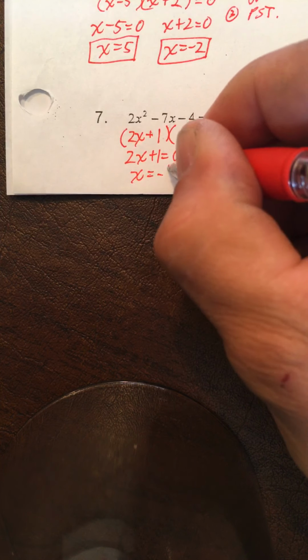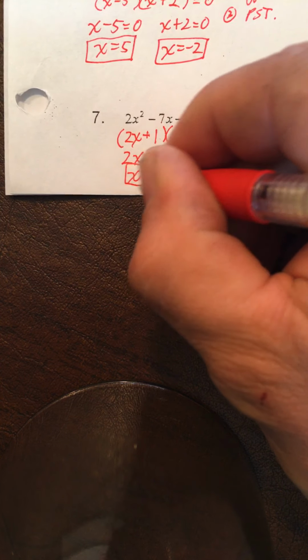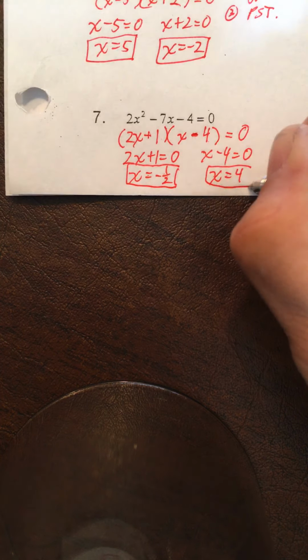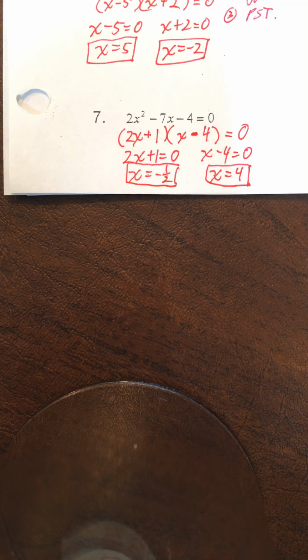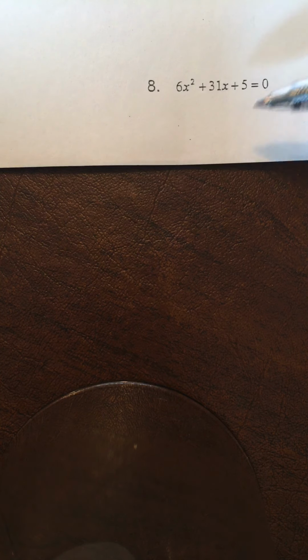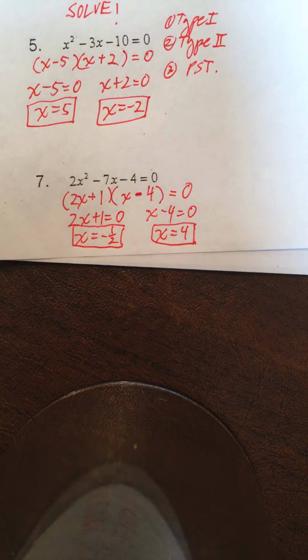I subtract 1 from both sides, divide by 2, and I add 4 to both sides. And there's our solutions for number 7. Number 6 is another type 2 trinomial, so I would encourage you to try that one on your own. And we're going to move to the back for some more quadratic fun.